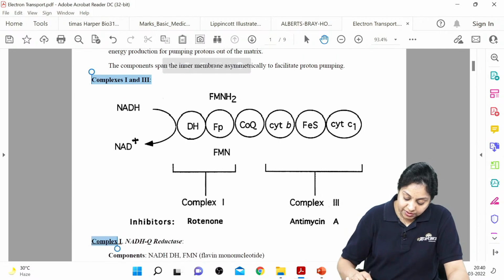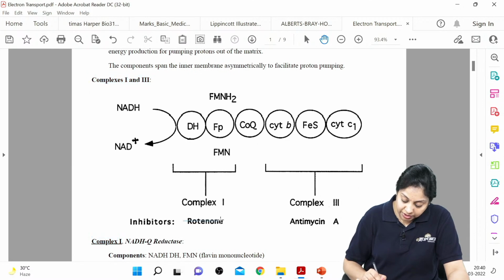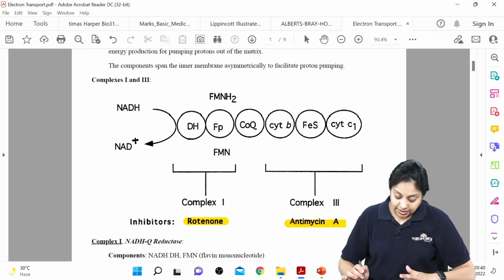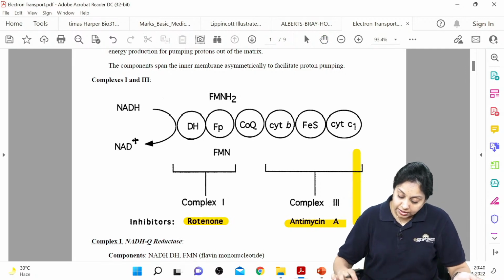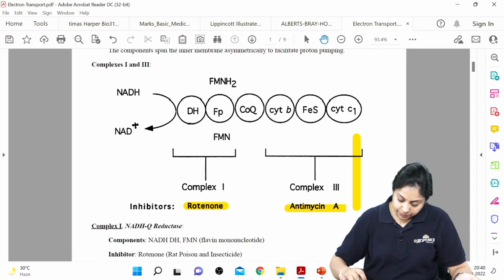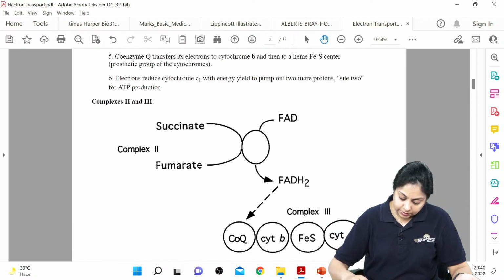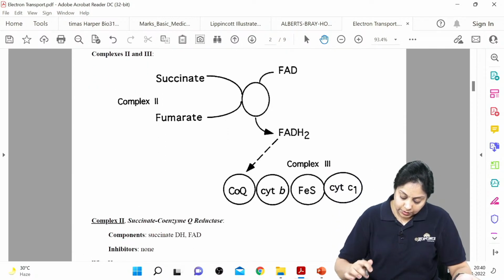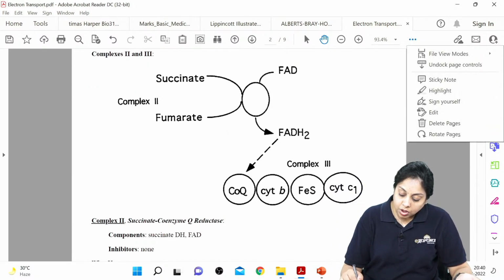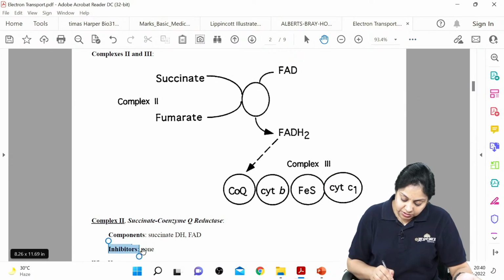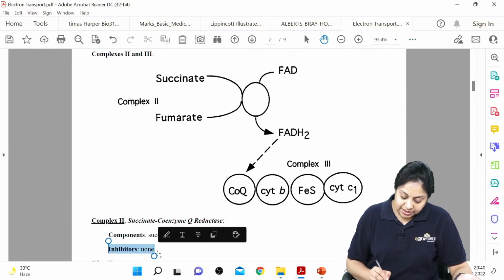The inhibitor of complex 1 is rotenone, and the inhibitor of complex 3 is antimycin. And usually we don't get inhibitors for the second complex, that is complex 2.